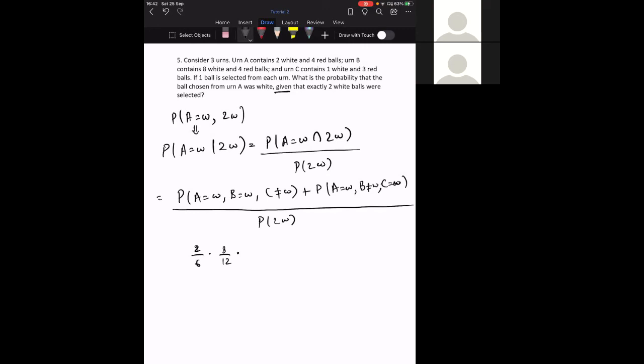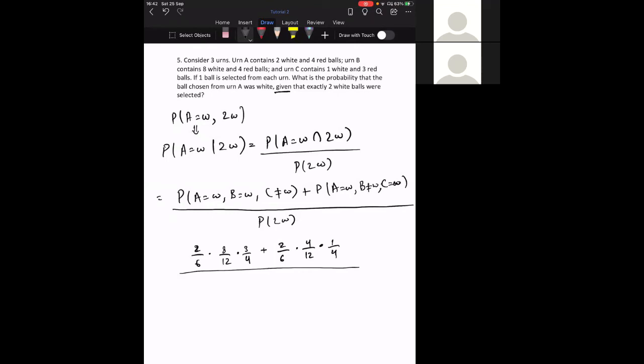And urn C has 1 white and 3 red balls, and we don't want it to be a white ball, so this would be 3/4, the probability of a red ball. Plus 2/6, 4/12 for urn B not being white, and 1/4.